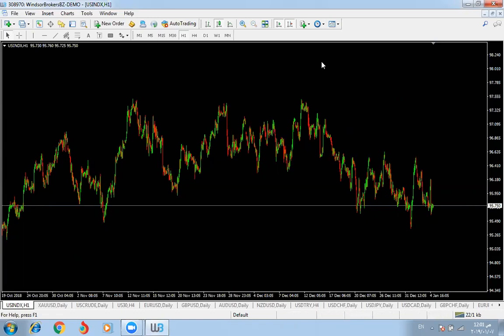For example, we have this entry point for the dollar index. As we see, we have a running flat for the dollar index. The price is still within the range of this flat, so it is a suitable area for shorting the dollar index to the downside.